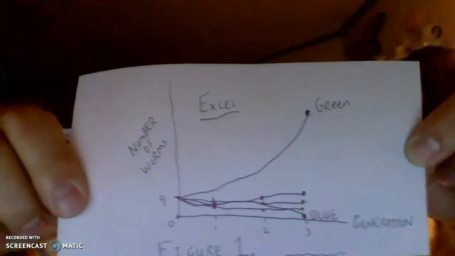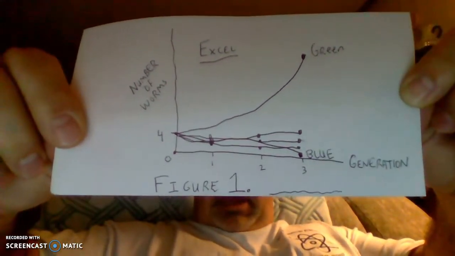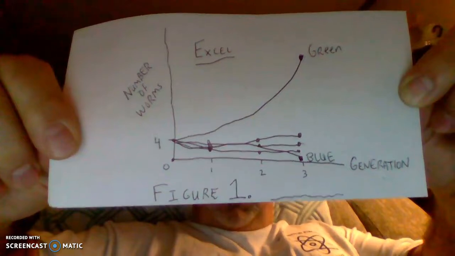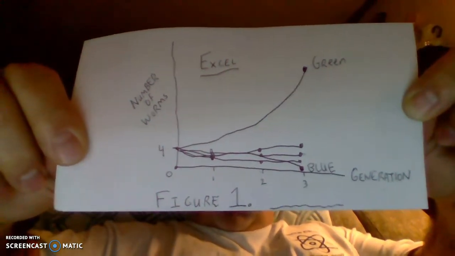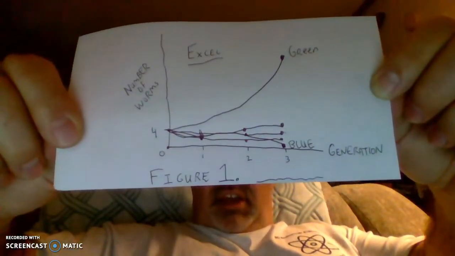You can put that data into a spreadsheet and then plot each of the 5 worm colors, starting with an initial number of 4 worms and then plotting the growth of each population over 3 generations.